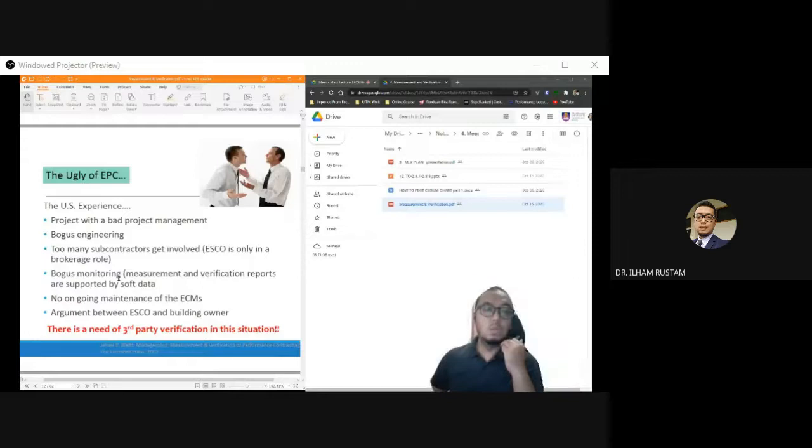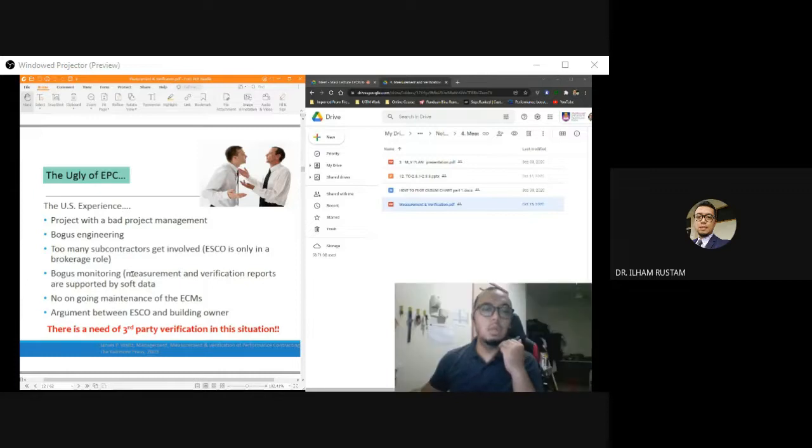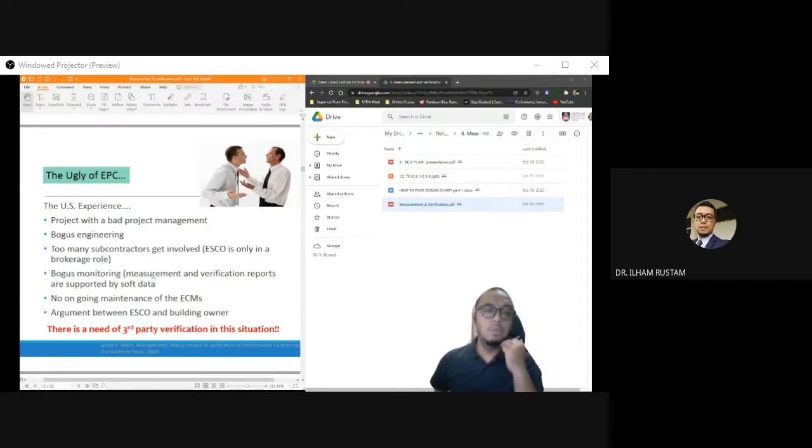Bogus monitoring, that means they create their own report when they do measurement and verification. The report is extremely, not to say conservative, the opposite of conservative, too positive. That means they manipulate the data. This is normal, it is expected.